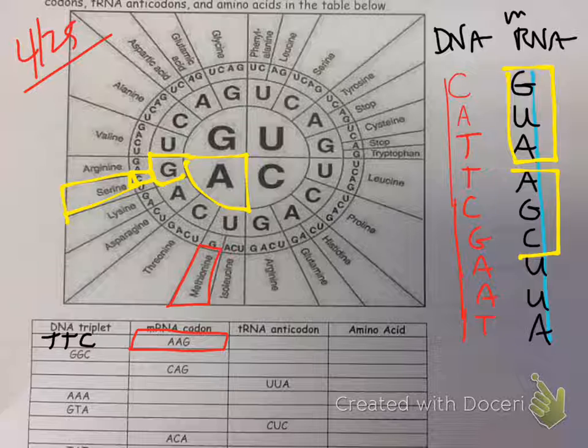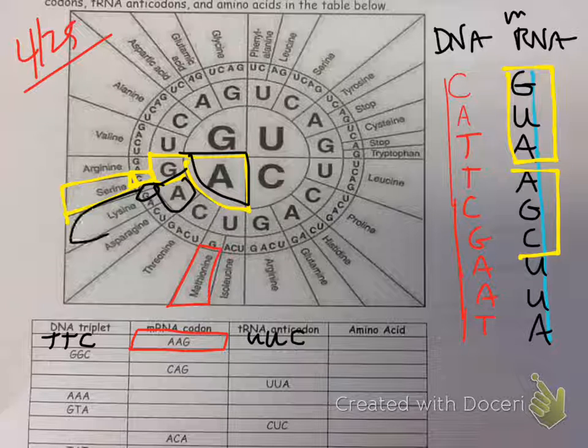Well, it's the complement to AAG in RNA bases: U, U, C. The tRNA anticodons are going to look a lot like the DNA triplets. The difference is that if there's any thymine in the DNA, you're going to see U's instead. Then you go through the process of looking up the amino acid. So A, A, G gets you lysine.